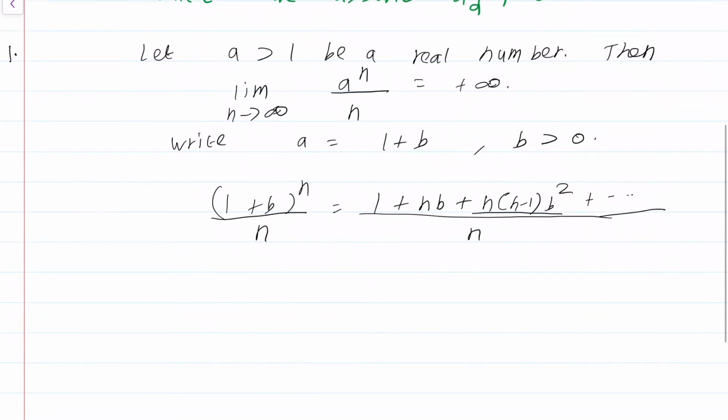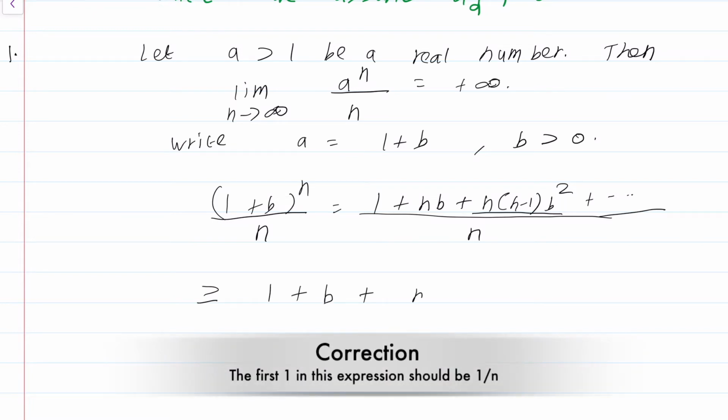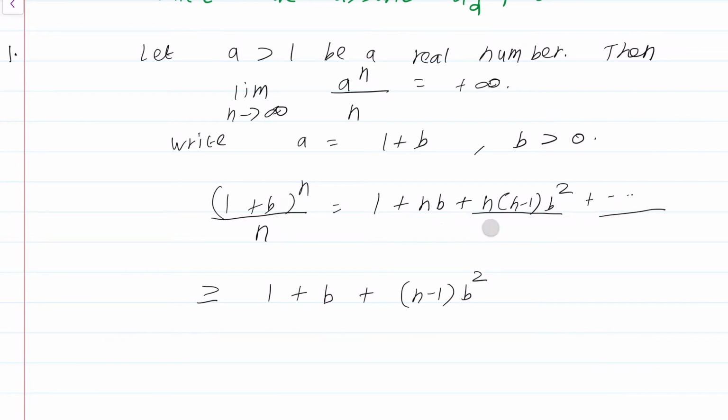Now why did I consider till the level 2? Well, simply because this I can write is greater than or equal to 1 plus b plus n minus 1 b squared. I forgot a by 2 here. The binomial coefficient will actually have by 2. So let me just write that down, by n. So n minus 1 by 2 b squared.